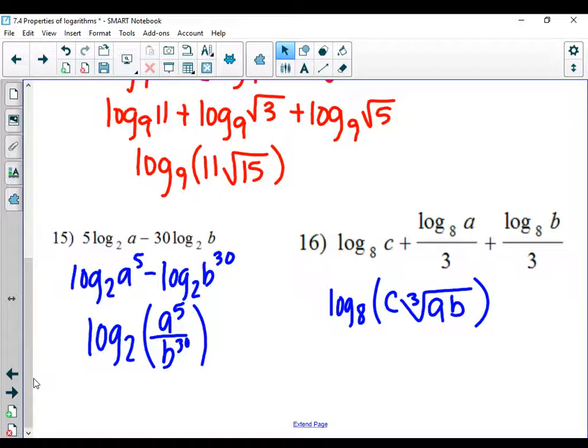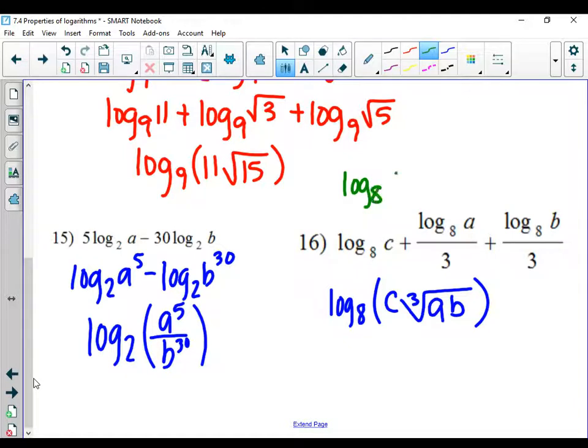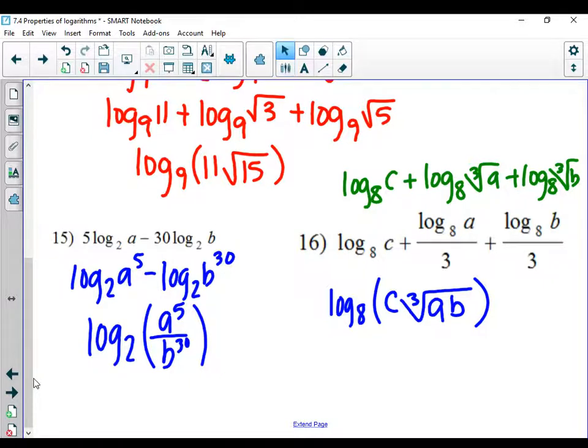We brought the 1/3 up as an exponent. 1/3 as an exponent is the cube root. So if I had log base 8 of C plus log base 8 of the cube root of A and log base 8 of the cube root of B, then when I multiply those together, since they have the same index, I can multiply them inside.